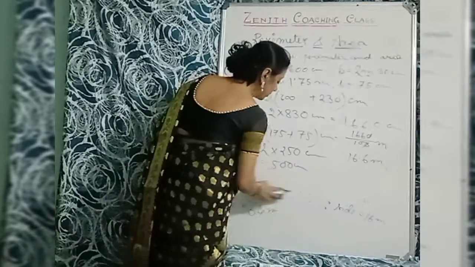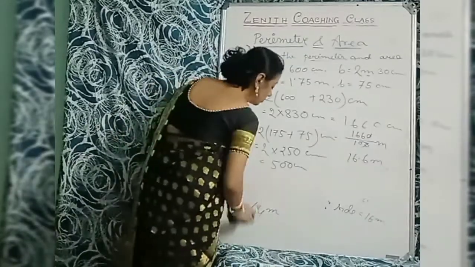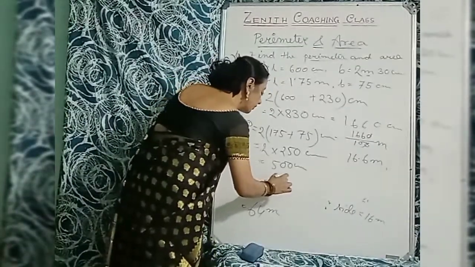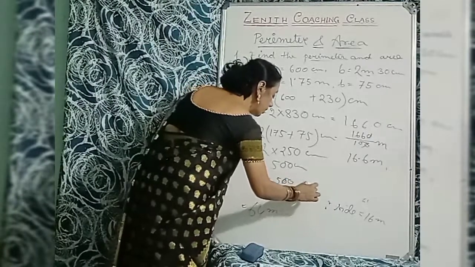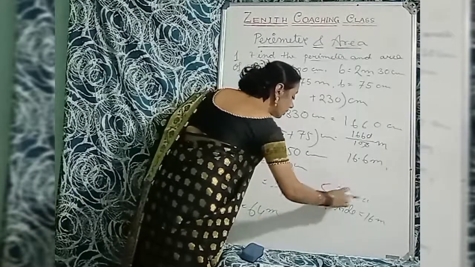And if I ask you to write in meter, so what to do? You have to divide 500 by 100, equals 5 meter.